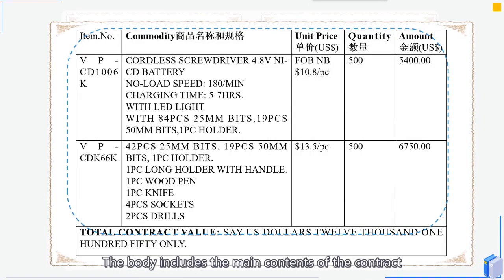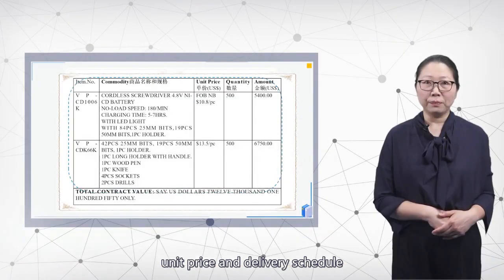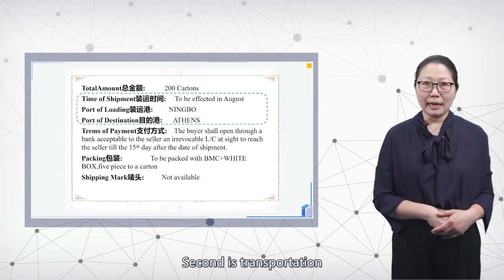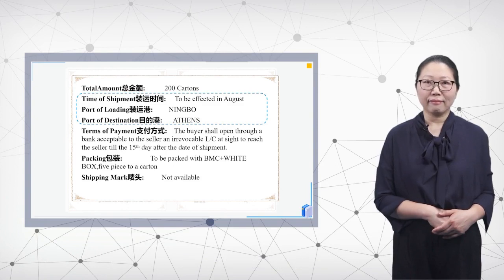The body includes the main contents of the contract. First is the description of goods. The buyer and the seller should clearly outline the specification of goods, unit price, and delivery schedule. Second is transportation.